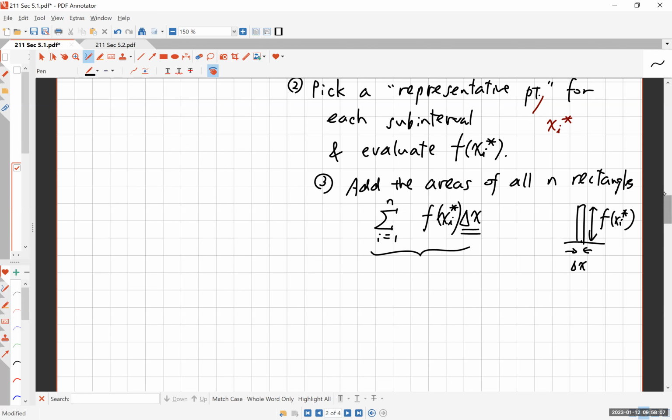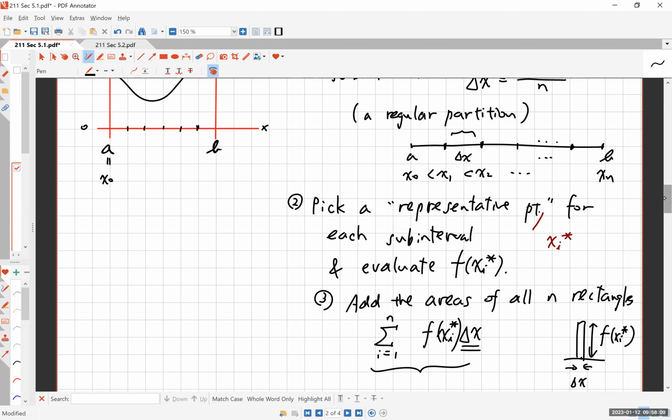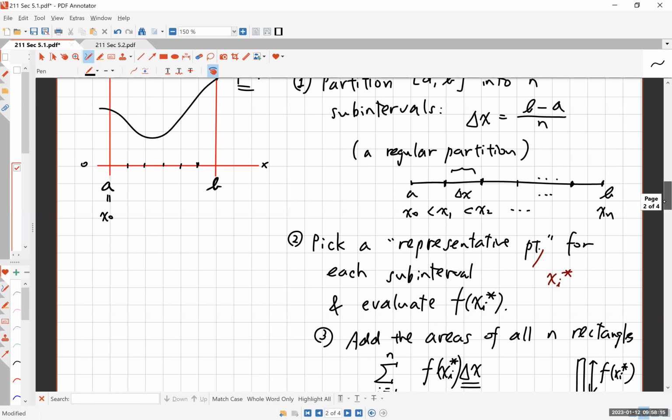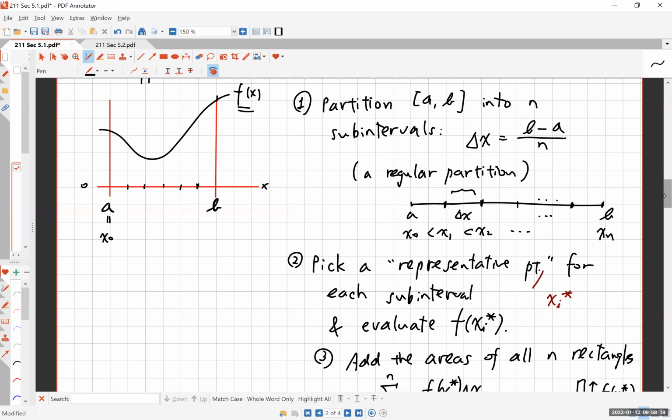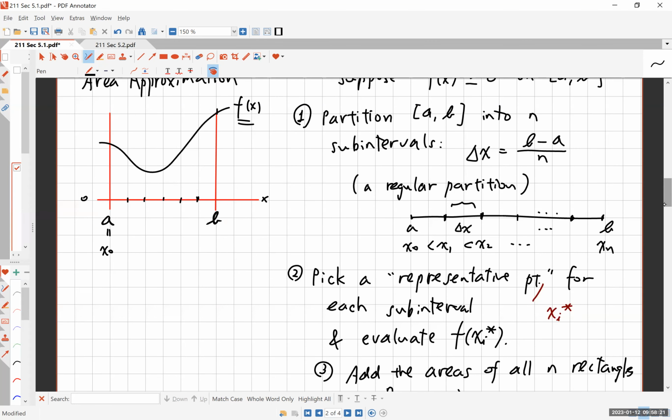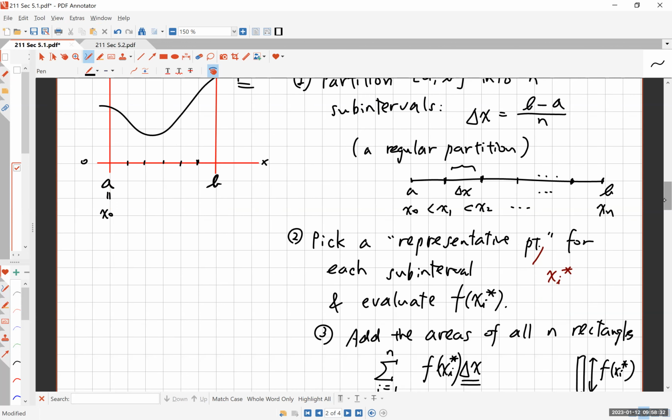I hope it makes sense. And this is exactly Riemann's idea. In fact, about 2,500 years ago, the Greek mathematician and philosopher Archimedes had a similar idea. He called it the method of exhaustion, because he was exhausting this thing, or maybe because the process was very exhausting.